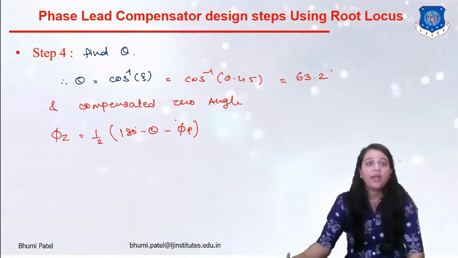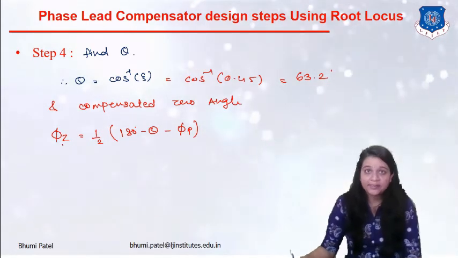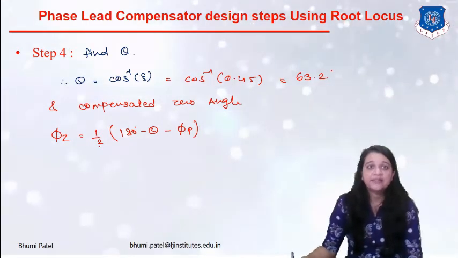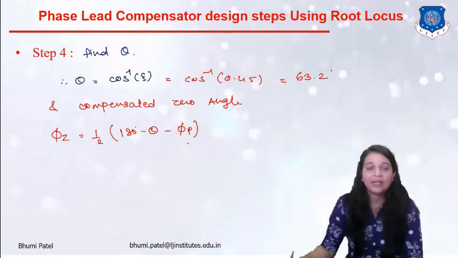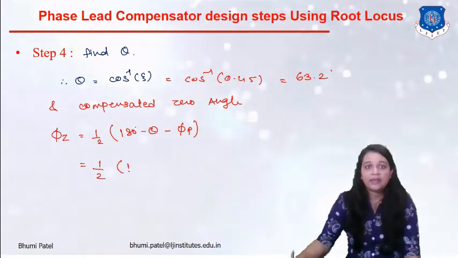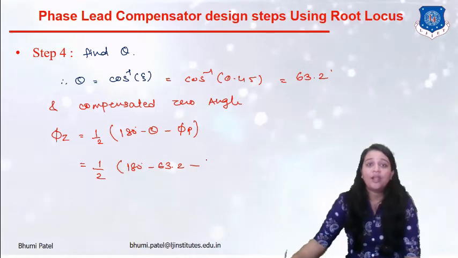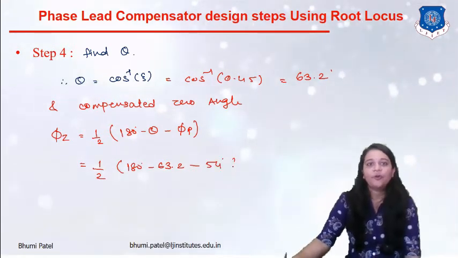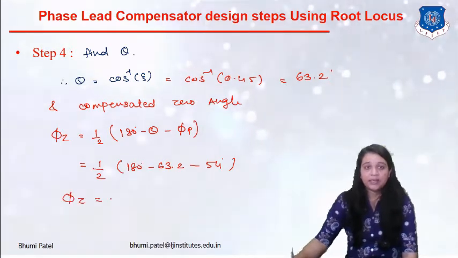Now for the compensator zero angle, we have to find the value of phi z, and the equation of phi z is 1 by 2 in bracket 180 minus theta minus phi p. Put the value of theta, that is 63.2, minus the value of phi p, which is 54. Simplifying this equation, we get phi z is equal to 31.38 degree.